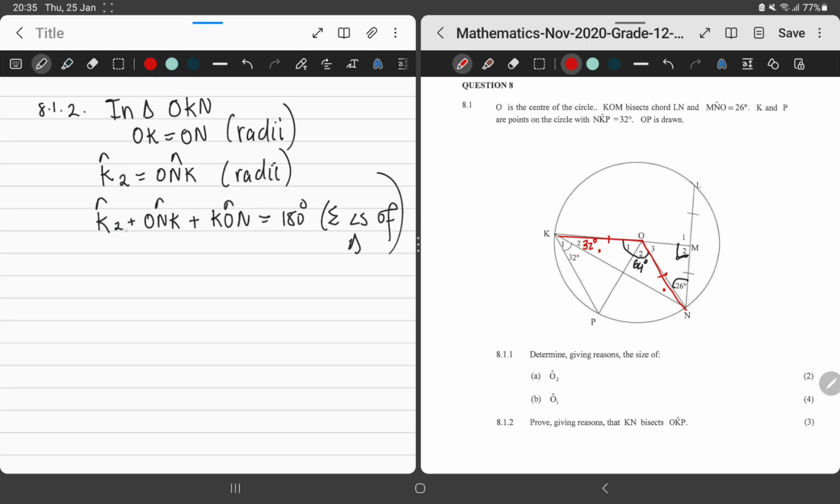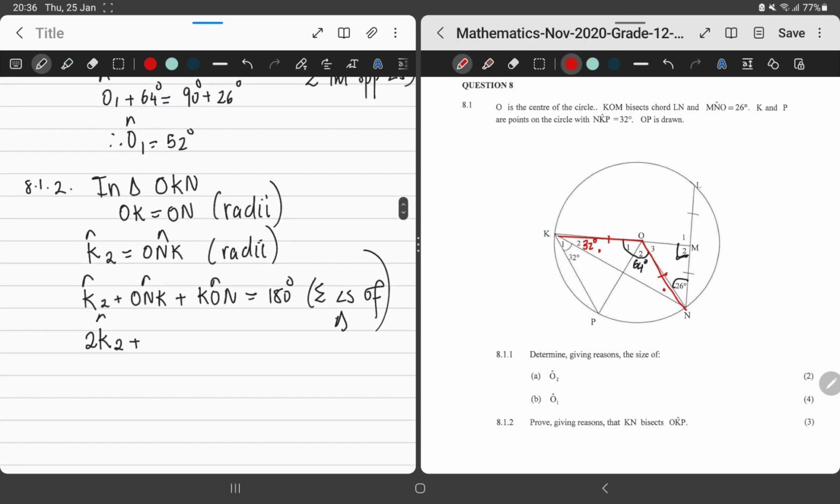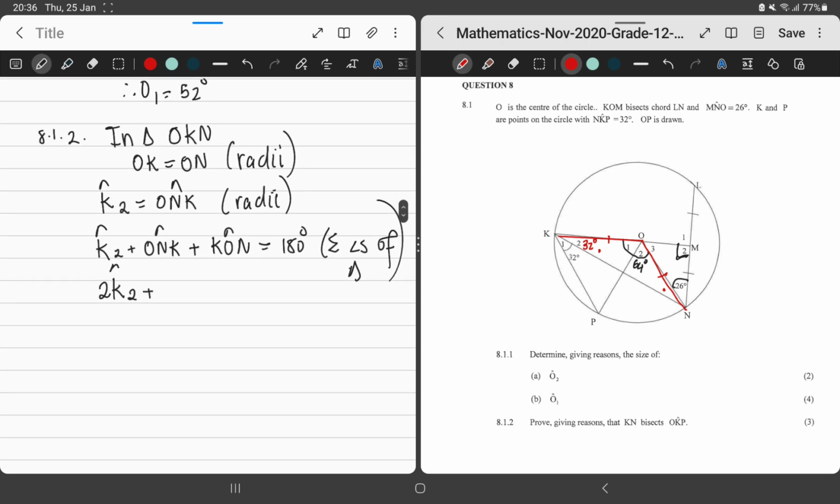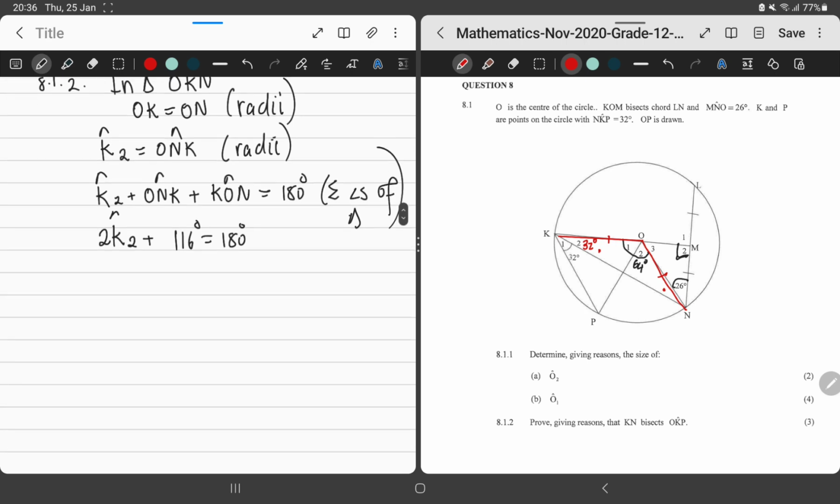So we would say 2K2 plus 64 plus 52, because that's what O1 is, is equal to 180. 64 plus 52 is 116 degrees.